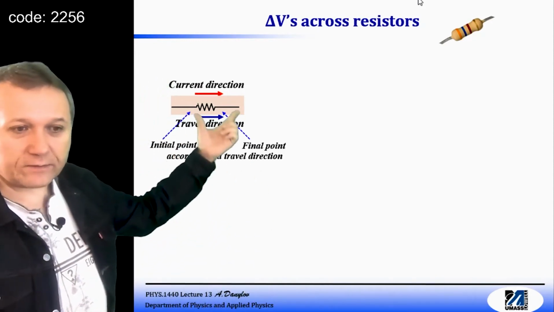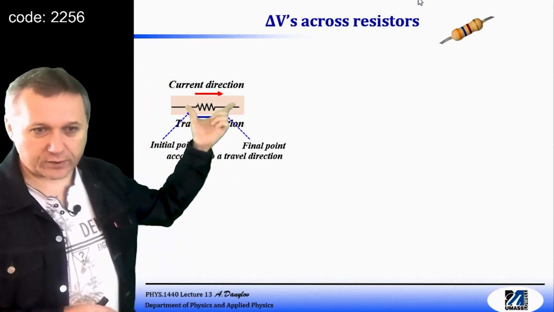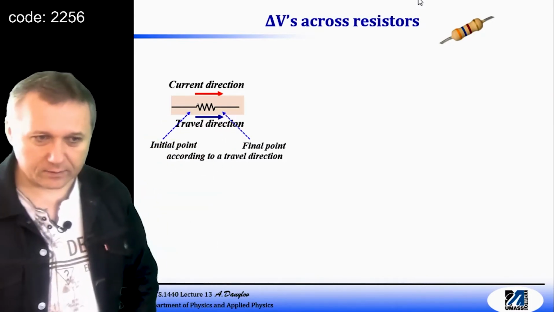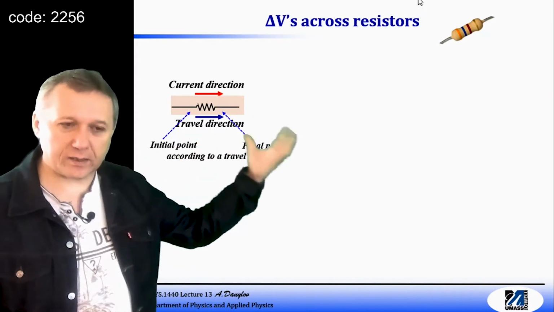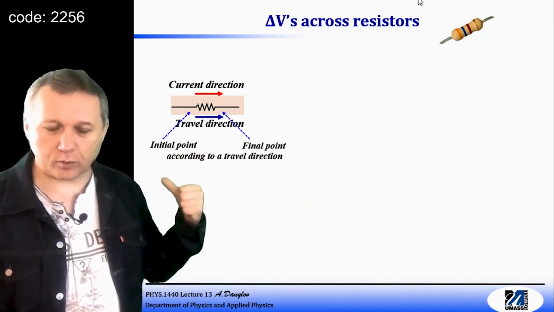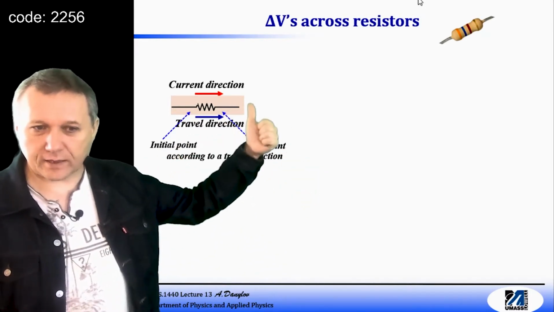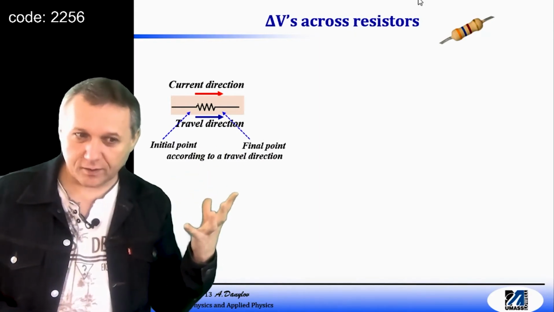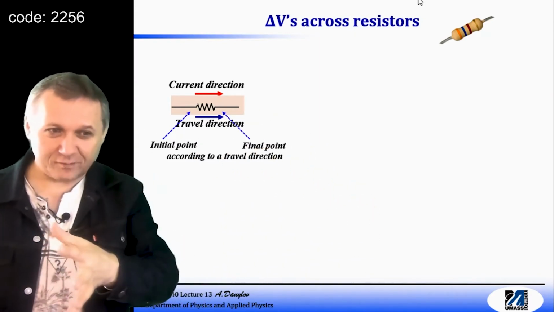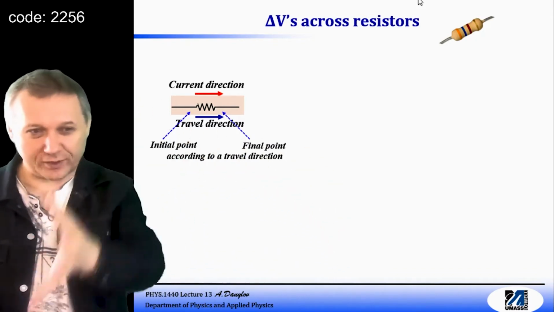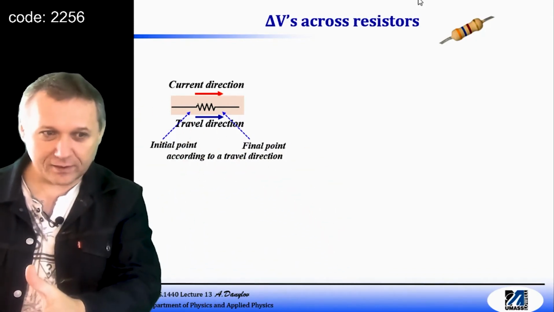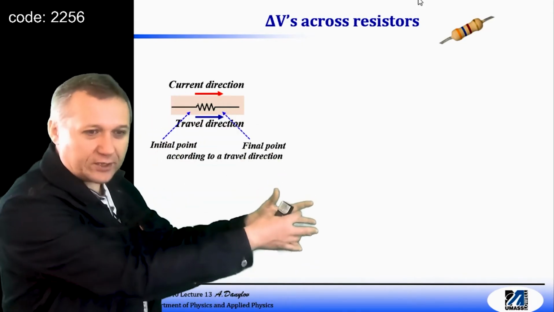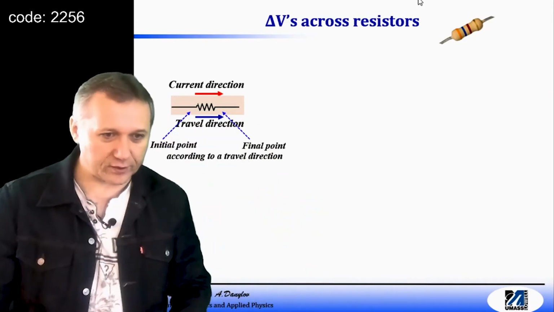Now, if you assume the current direction, can you tell me which point is at higher potential and which is at lower potential? You remember, current flows from plus to minus, from the positive electrode of the battery to the negative electrode. So current every time flows from the regions with higher potential to the regions with lower potential.